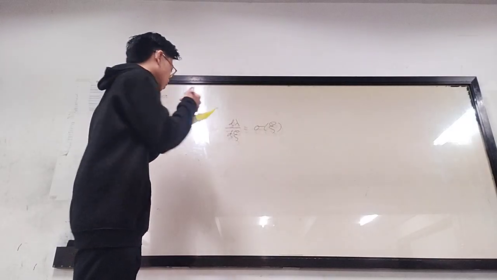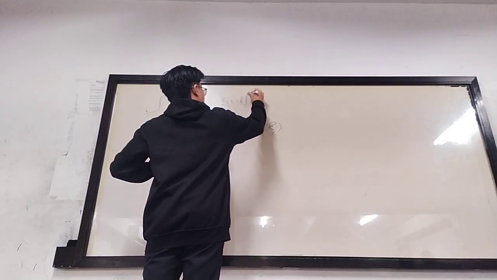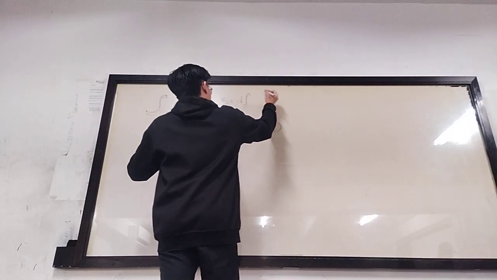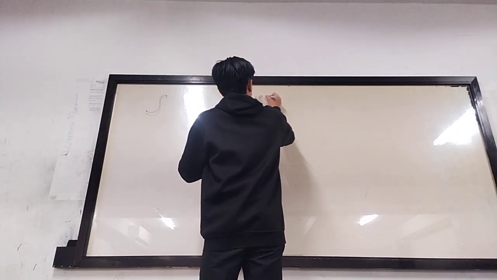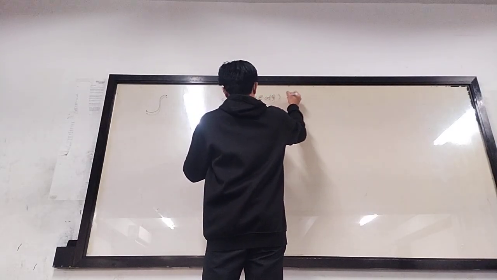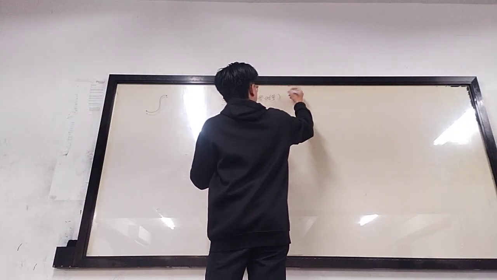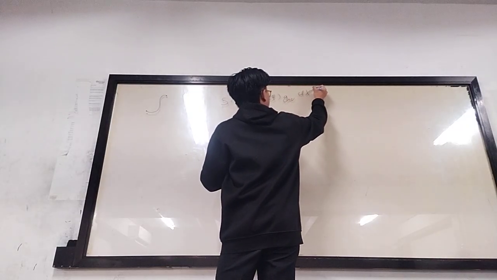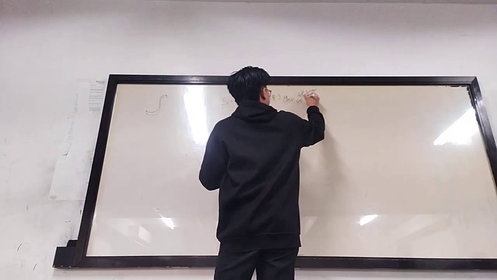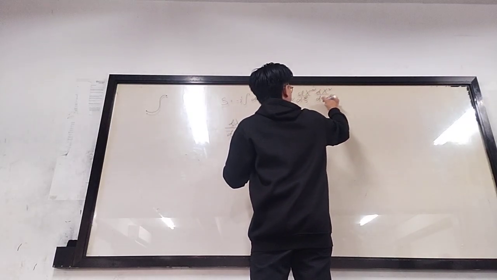So I'm just going to write it up here. The action is negative 1/2 times the integral with respect to psi of the Einstein field times g mu nu dx mu by d psi times dx nu by d psi.